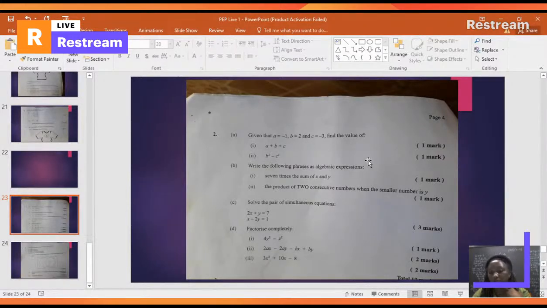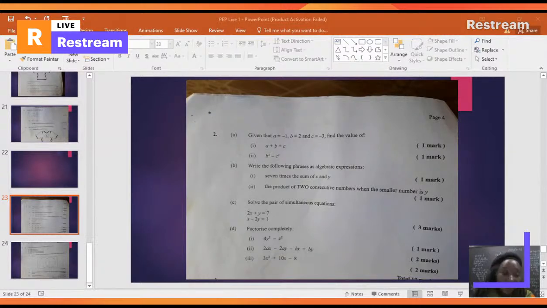Part A says, given that A is negative, I hope you're able to see the screen. If not, I'm reading it to you so you can jot down.